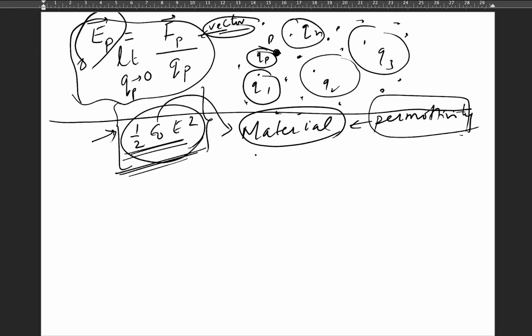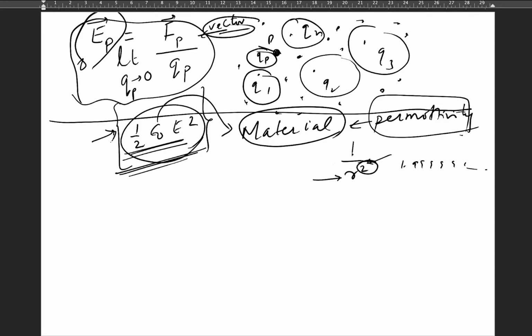Now we want to explain further that this 1 by r square, how do we know that this is perfectly 2? It is not some 1.9999999 something.